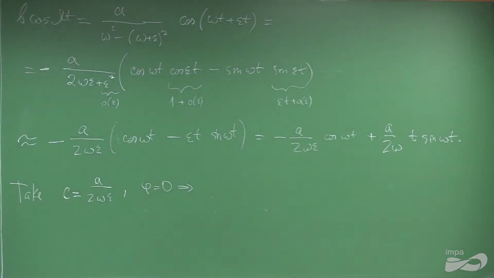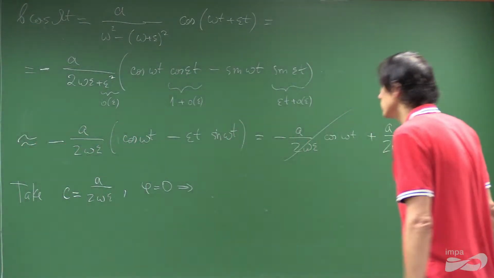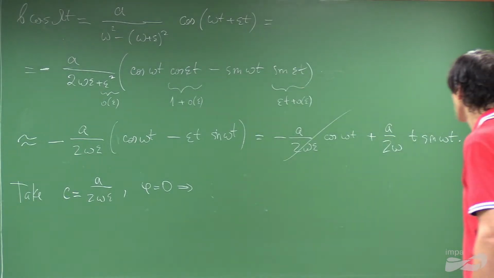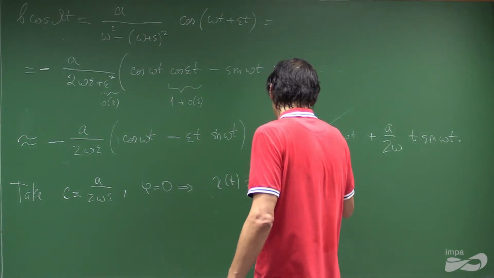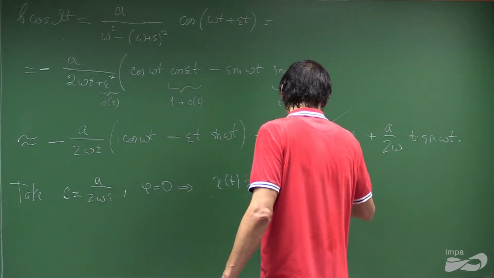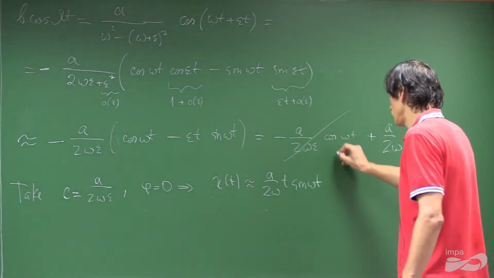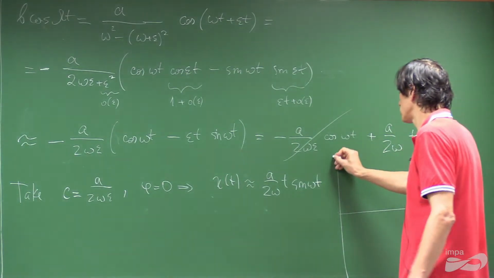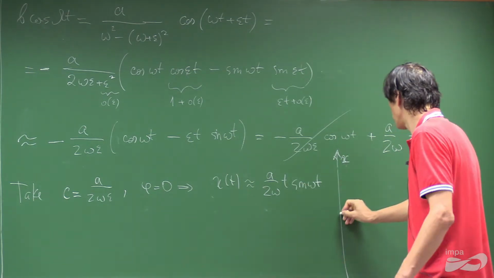And then we put them together. This term will cancel, right? And we get a solution. It's A over 2 omega t, sine omega t. So you see what happens with the solution is that as time grows, there is a linear growth of the amplitude.